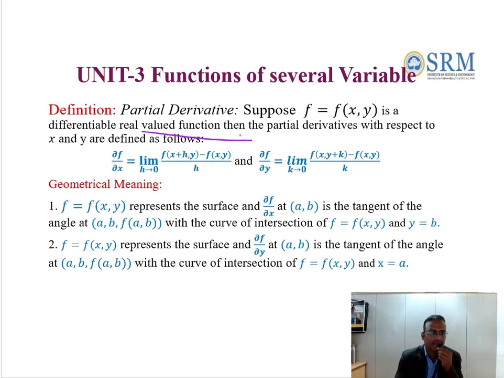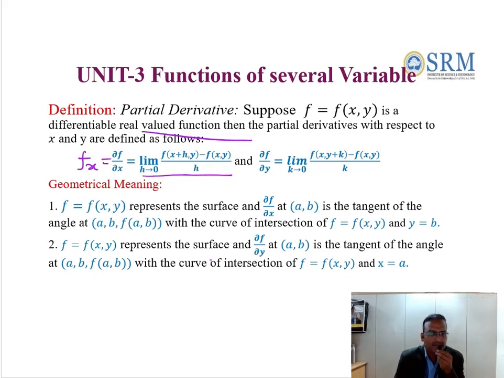Now the partial derivative of the function f with respect to x is defined as the limit as h tends to 0 of f of x plus h comma y minus f of x comma y, upon h. If this limit exists, then we call this dou f by dou x, or sometimes we denote this as f suffix x.